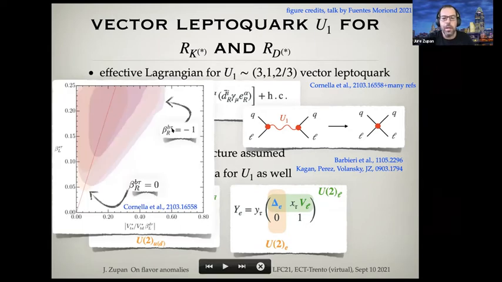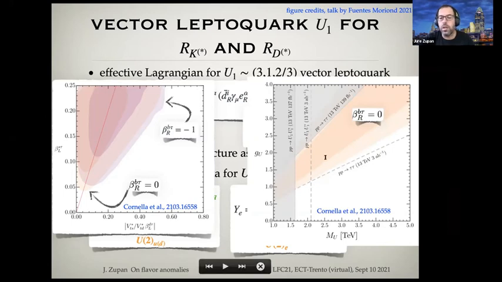Switching on the right-handed beta, right beta tau, to be -1 or 0, you'll get slightly different global fits for these beta left S tau, beta left D tau. This line here denotes where a CKM-like structure is. So if you just assume that these guys have CKM-like suppressions, this is where it would be, on this green line, on this red line. So the flavor structure doesn't seem to be crazy.